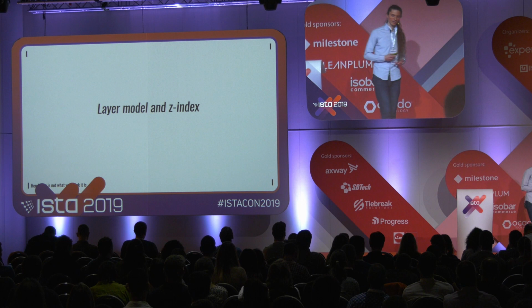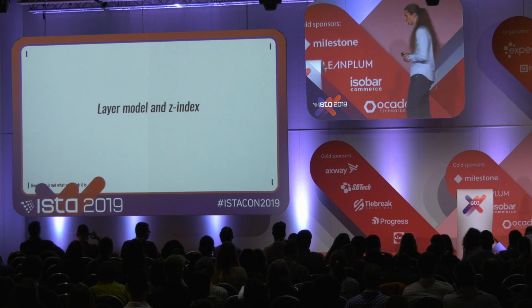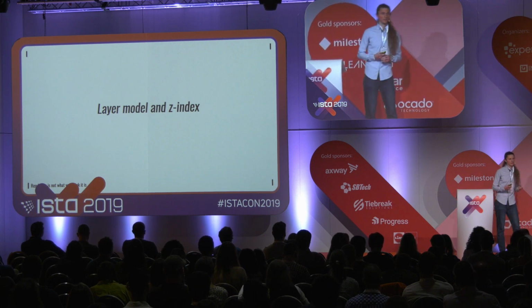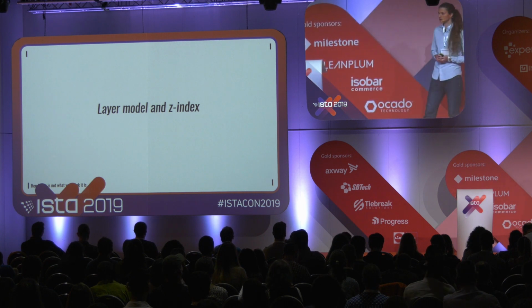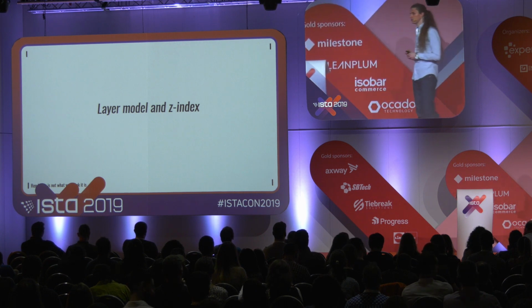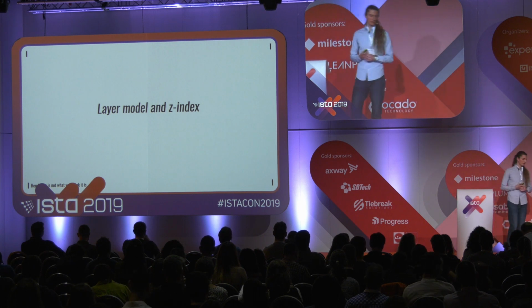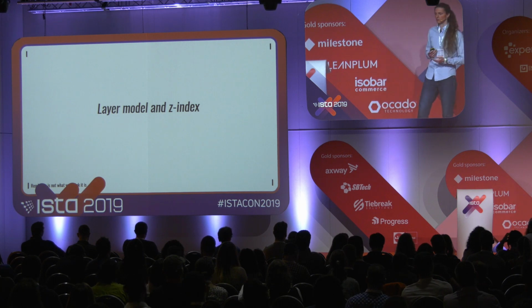It is which is in front of which. And there are two things that play here. The z-index, which you probably all know, it's a very simple CSS style, and the layer model. And they together define where basically different elements are sitting in front of each other.